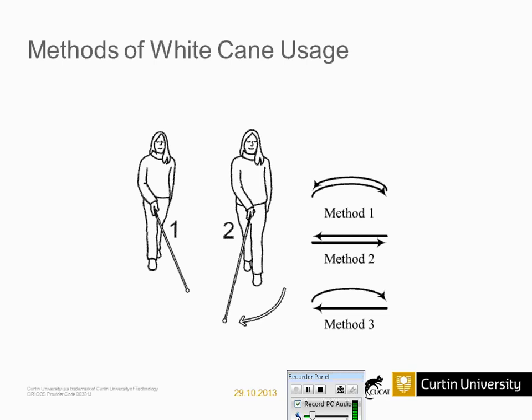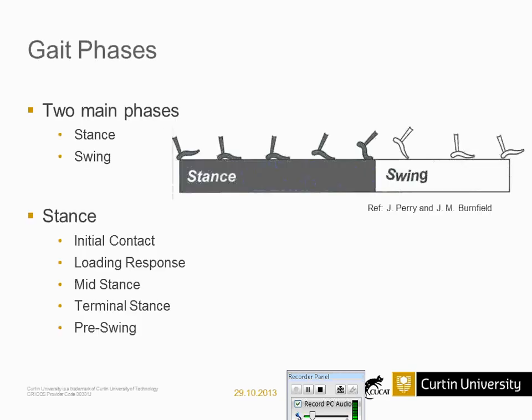At one end you tap, and at the other end you sweep. Each of these methods has different usages. So generally, a person would use a mix of these. That is one concern that we had in this work.